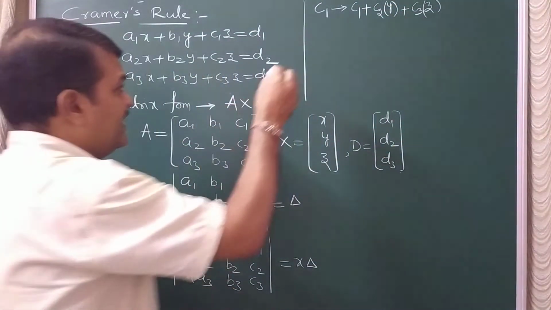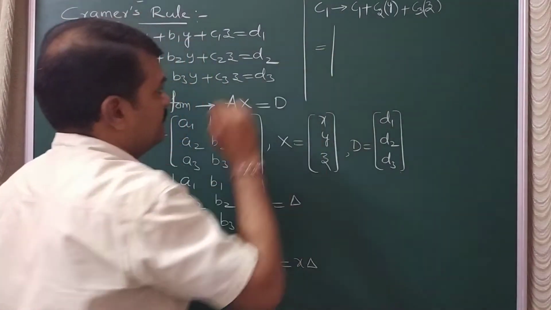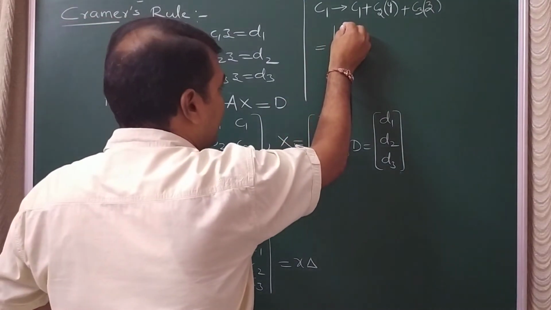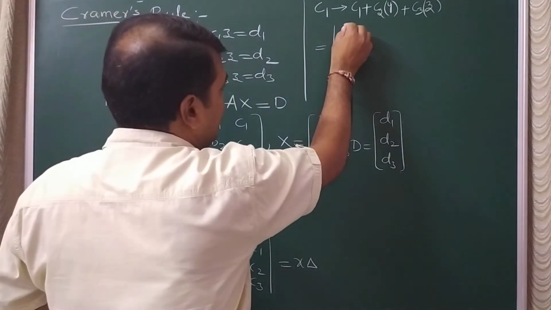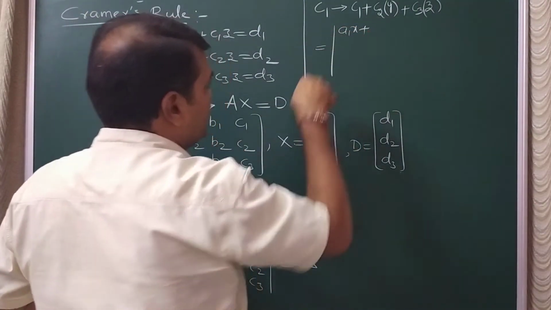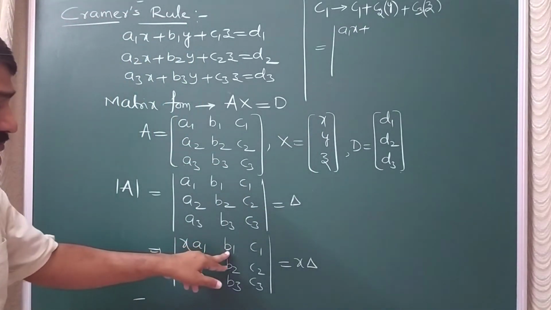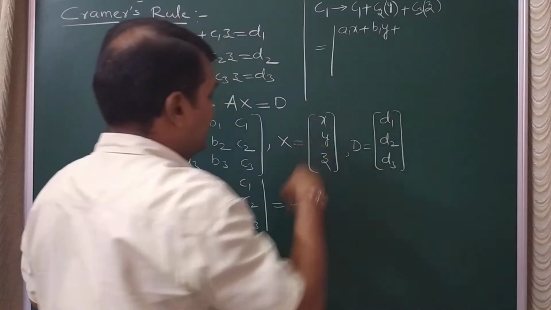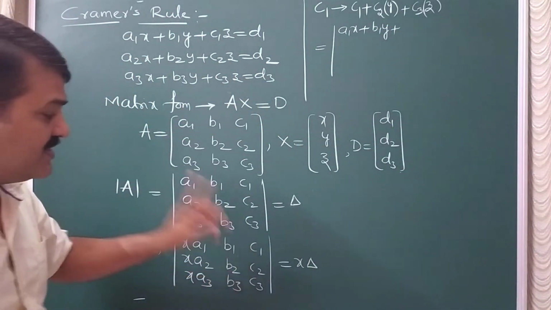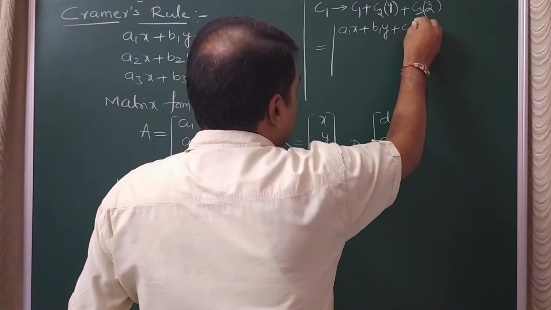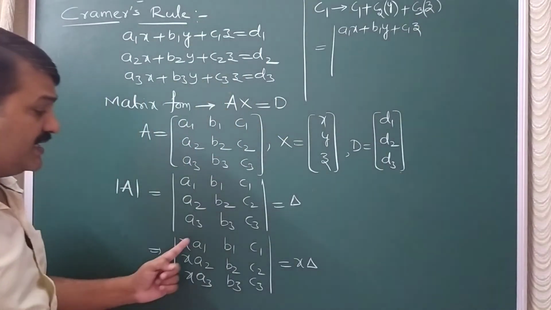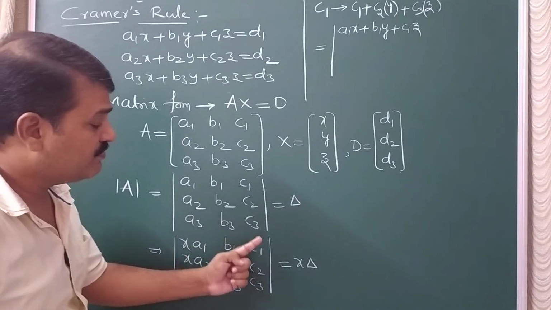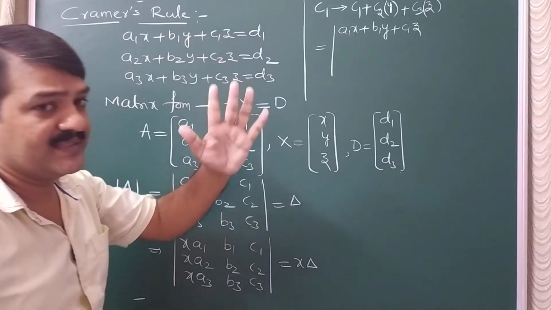Therefore I will get like this: a1 into x plus b1y plus c1z in the first row.